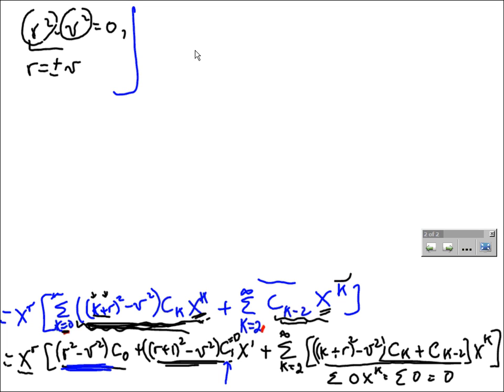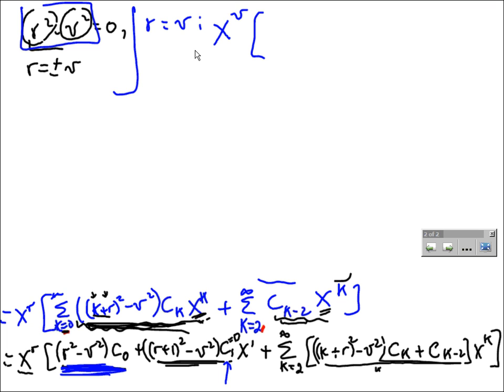Now, what happens when r is equal to v? Remember, when r is v, this piece is 0. That is, this piece down here is 0. So we still have x to the r in front, but r is v. And I'm going to write down this mess on the very last line, except instead of r, I'm going to put v. So this piece is 0.